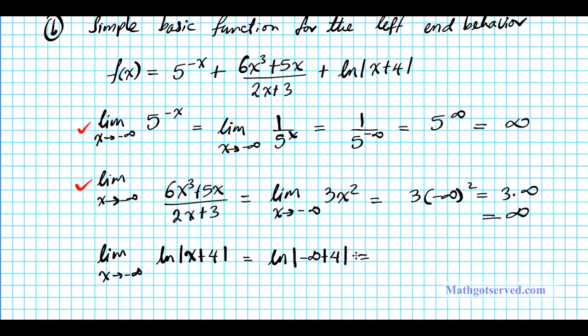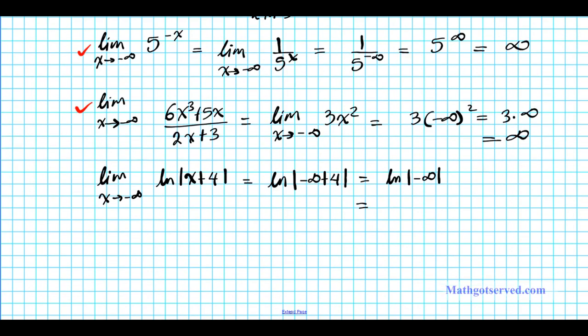Negative infinity swallows 4 up rapidly, so we have the natural logarithm of the absolute value of negative infinity. The absolute value does its job on the sign here, so this is simply the natural logarithm of infinity, which is equal to infinity. So guess what? This is also a candidate for consideration. All three of them are candidates for consideration.